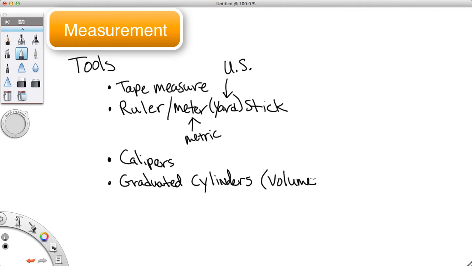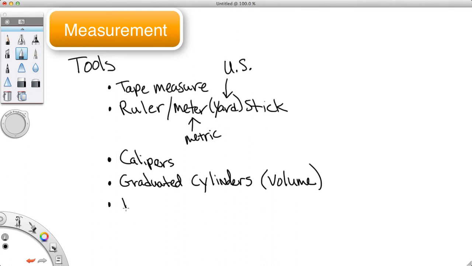Okay, they measure the volume of liquids. You can also use a graduated cylinder to measure the volume of a solid, which we will talk about later. Let's see, we got calipers, tape measure, rulers, meter sticks, yardsticks, graduated cylinders.